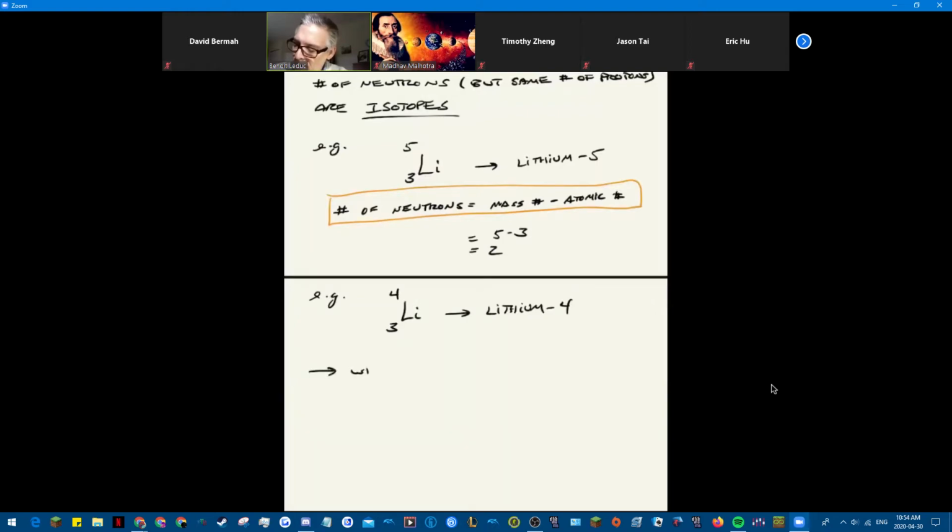So when a nucleus is radioactive and breaks apart, we say that it decays.